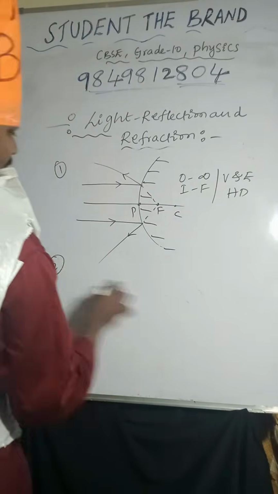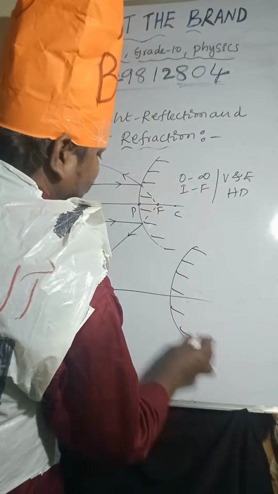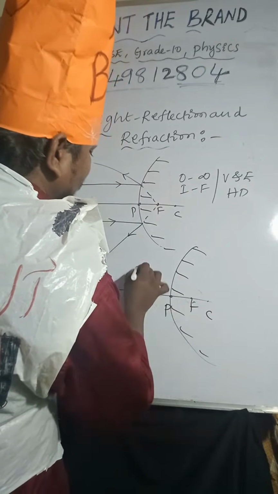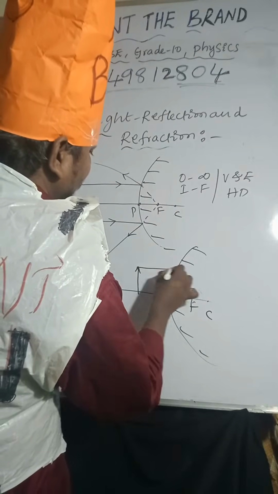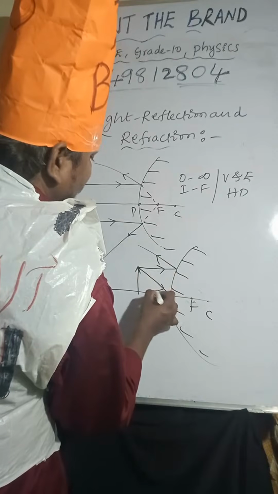Coming to the second one. Here I am taking like this. This is the pole, focus and center of curvature. Object is placed anywhere between P and infinity. One light ray I am taking like this, another light ray is incident.